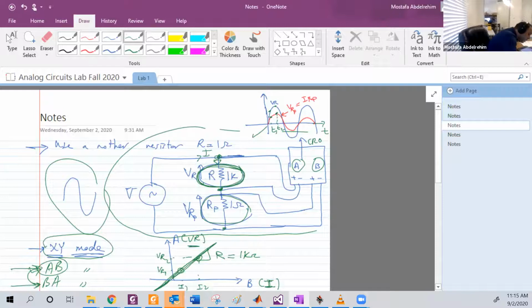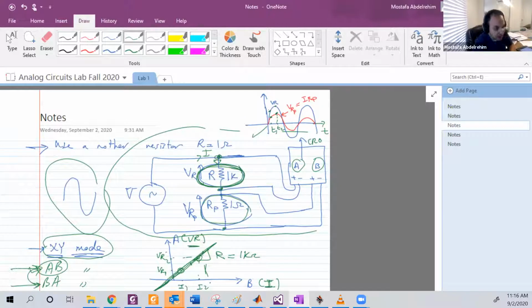At each time instant, we take the two values and make a point, because each point on this curve, on this line, has two indices, x and y. The x comes from the I, the voltage on RB, which is 1 ohm, and the y comes from the VR, which is the voltage across our main resistor, the one that we started with. And this will draw Ohm's law for you automatically, without any step-by-step procedure.